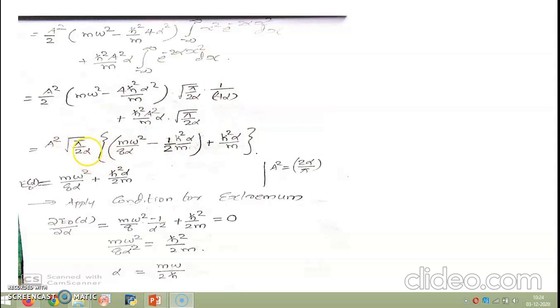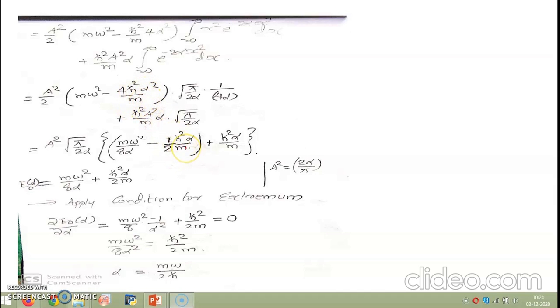So we open this bracket with a square by 2. A square is taken out. Root pi by 2 alpha is also taken out, and we open this bracket by 2. Make it say a square by 2 into root pi by 2 alpha into m omega square by 4 alpha into 2, make it 8 alpha, minus 4 vanishes, there will be only half h bar square alpha square divided by m.